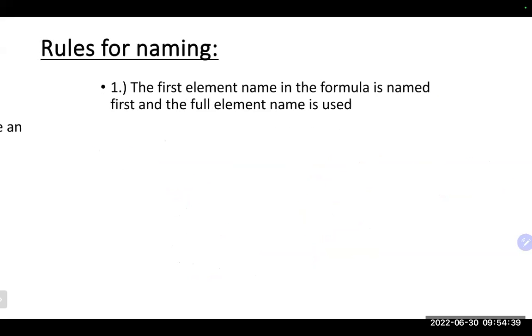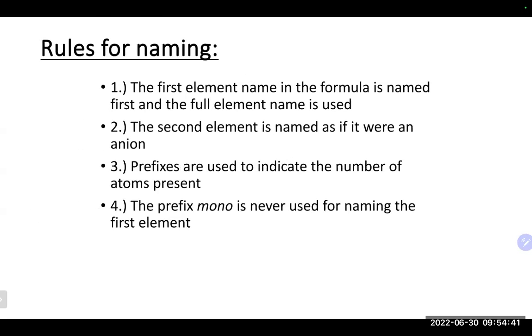So let's talk about that. When we're doing this type of naming, the first element in the formula comes first in the name, and you use the whole name of it. So whatever element is first in that formula, you use the whole name, with the appropriate prefix if necessary. The second element is named with the ide ending, like we do with our negative guys, and you also use the appropriate prefix.